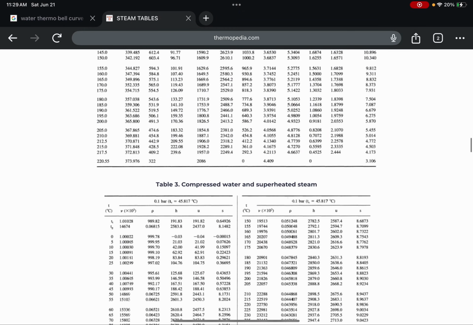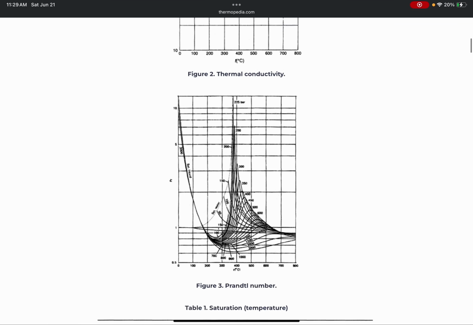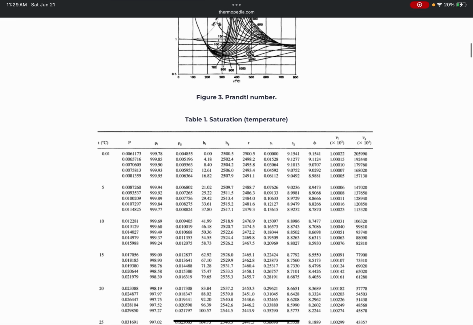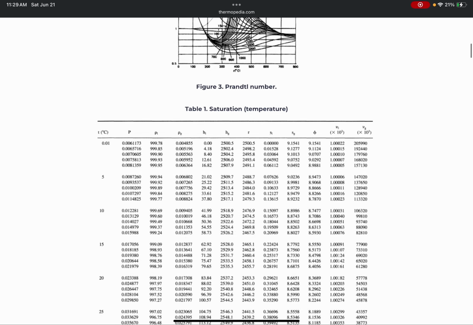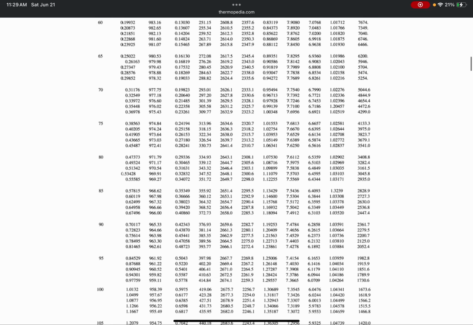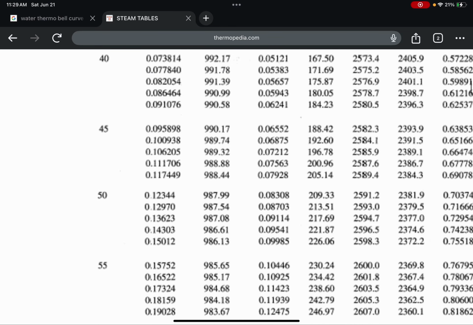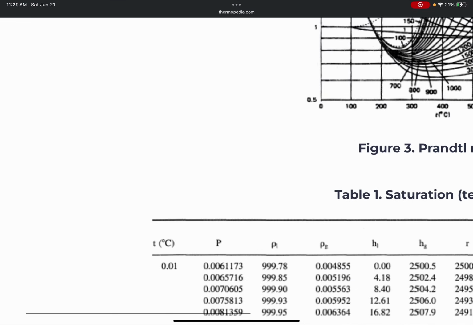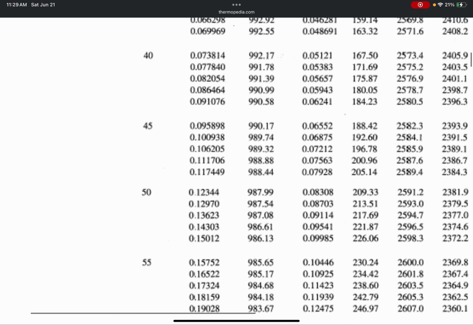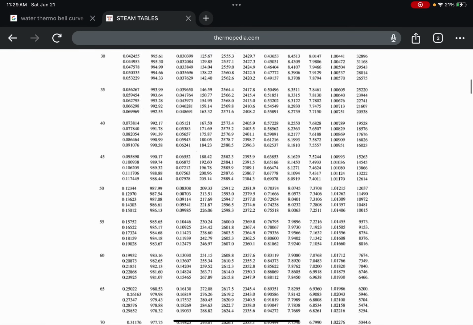So let's see if we could even find it in the mixture tables. No, we cannot. And the reason why, so right here is 50C. This first column is temperature. 50 Celsius has pressure.